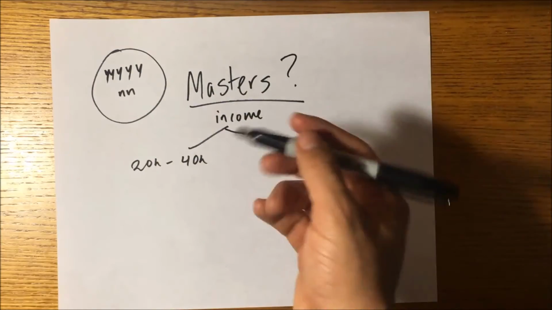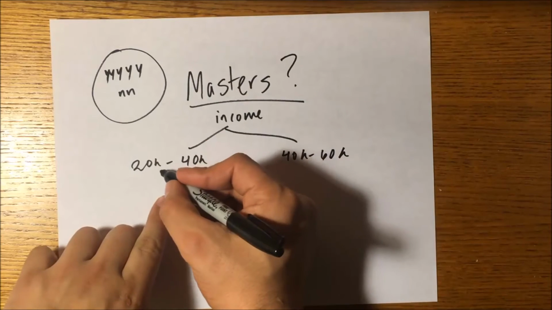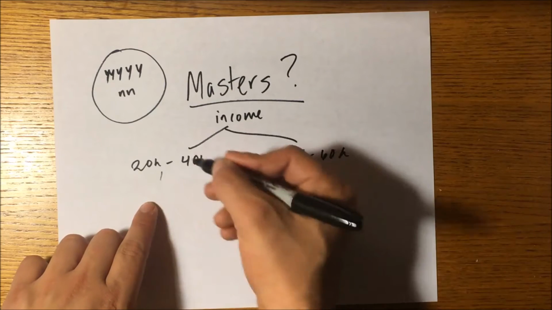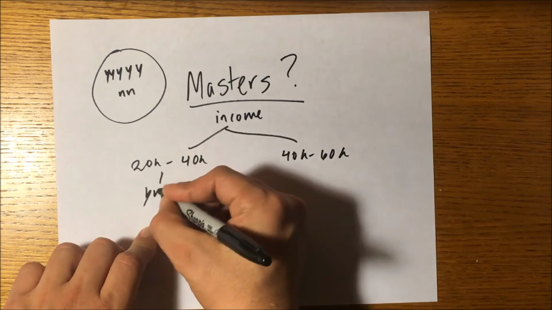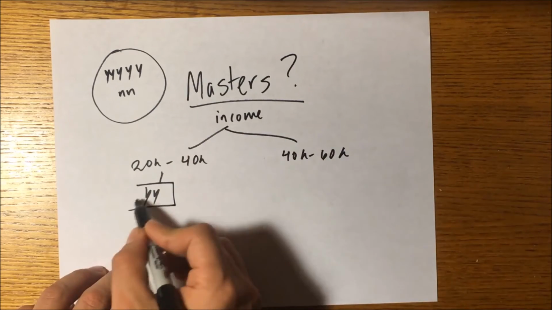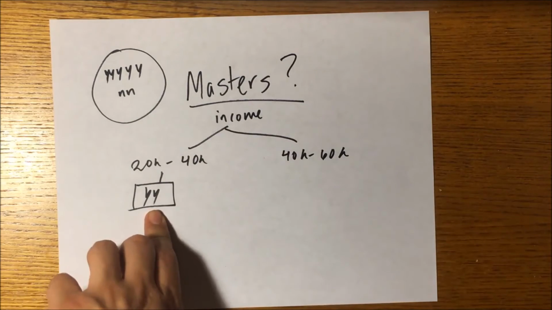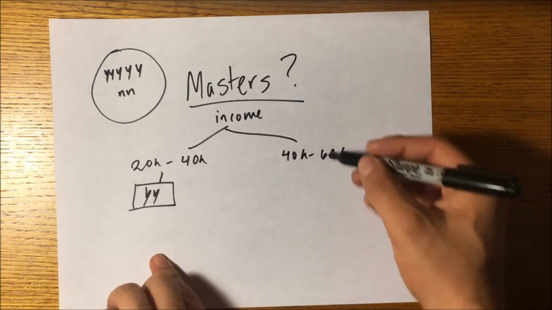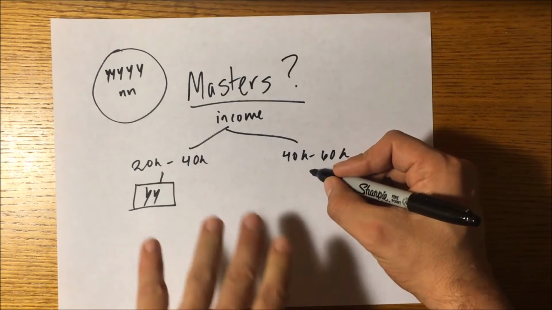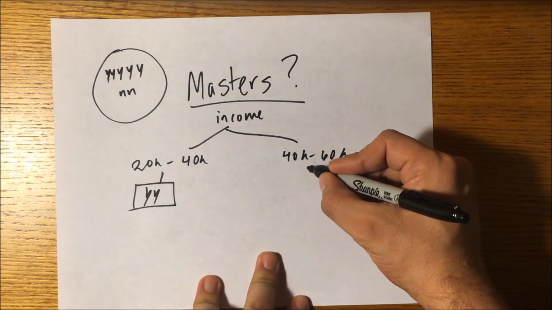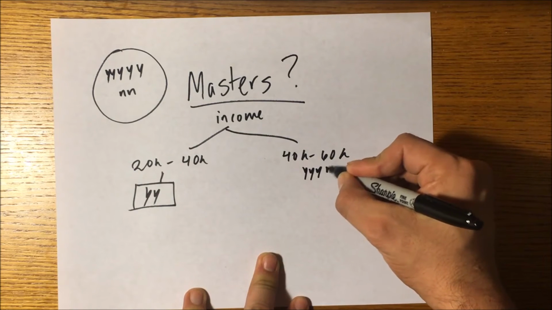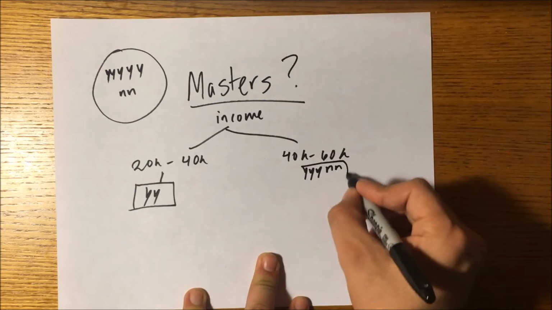Randomly, we're going to know there are 2 people that make between $20,000 and $40,000, and those 2 people are going to say yes and go to college. So this part of the tree actually finishes. In this group, we're going to have 5 people that make between $40,000 and $60,000.